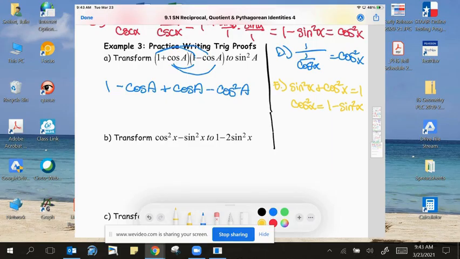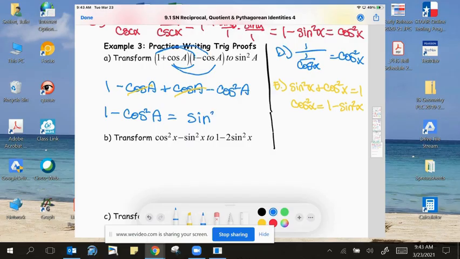Then combine your like terms. Even though they're cosine A's, they're still like terms. So minus cosine A plus cosine A zeroes itself out, and we have 1 minus cosine squared A. Hopefully we're getting a little more used to that identity.